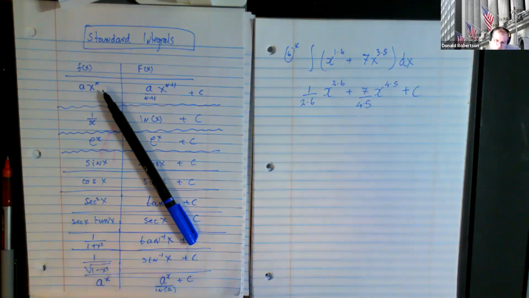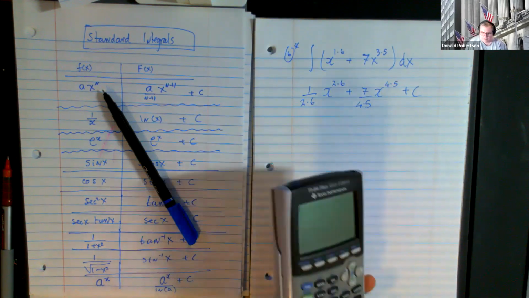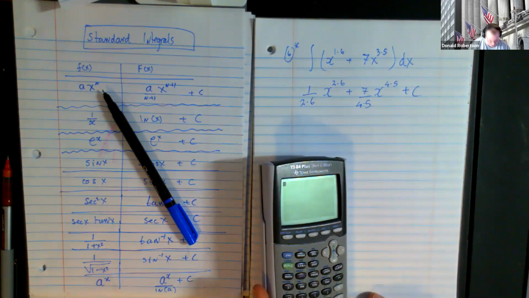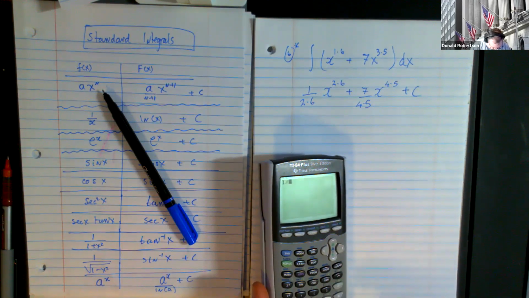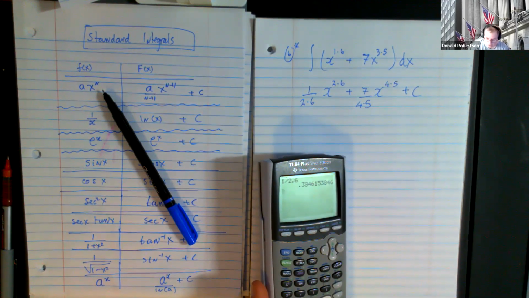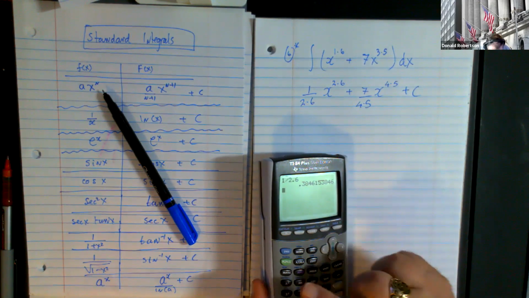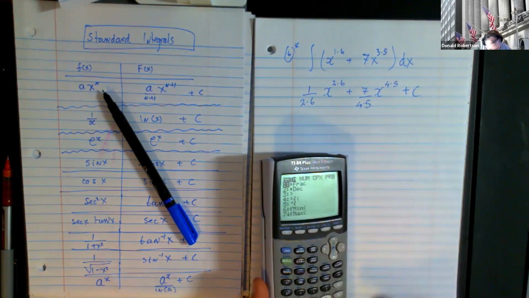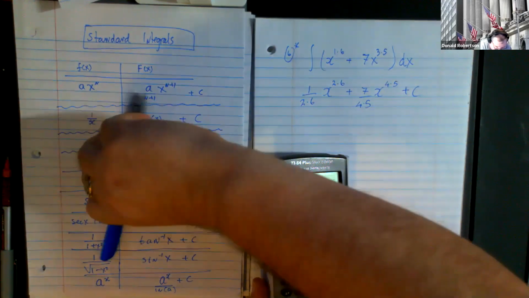What about 1 over 2.6 and 7 over 4.5? Do you think that's a typical way we would leave things? Does that look good? No, it doesn't look good. So what we're going to do is 1 divided by 2.6, which is that horrible decimal. Then I'm hitting the math button, and choice 1 turns it into a fraction.